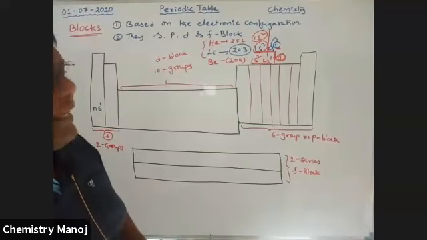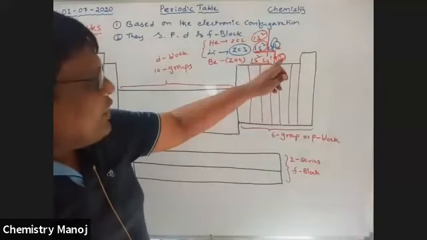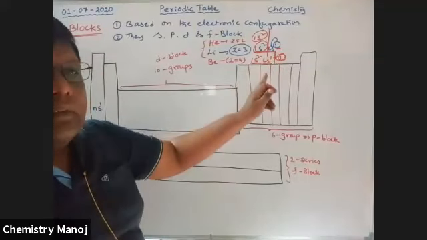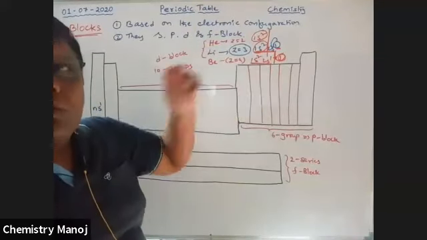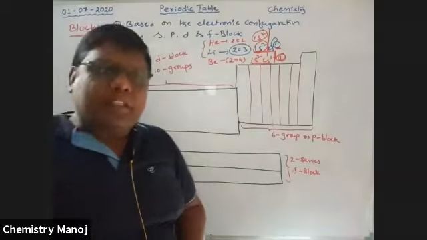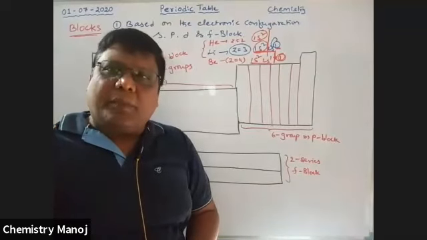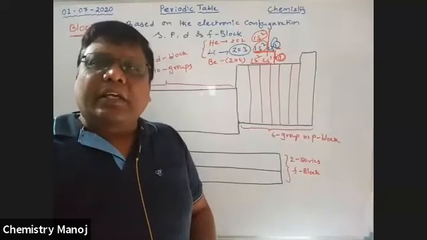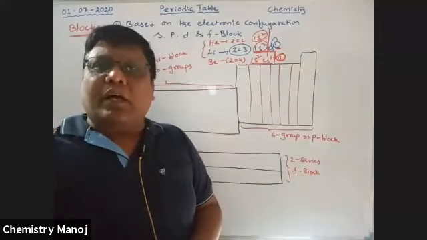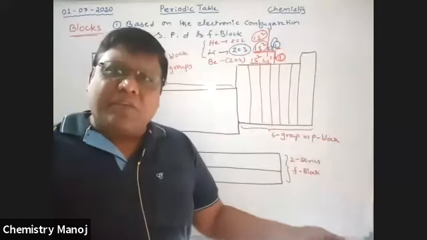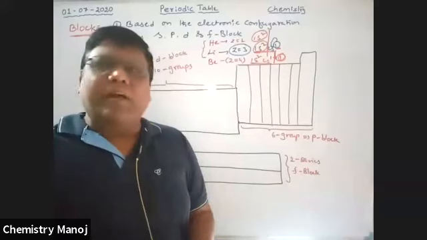If this differentiating electron enters into the s orbital, those elements are called s block elements. If it enters into the p orbital, they are called p block elements. If it enters into the d orbital, they are called d block. If it enters the f orbital, they are f block elements.